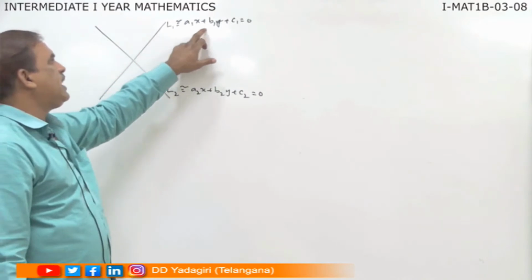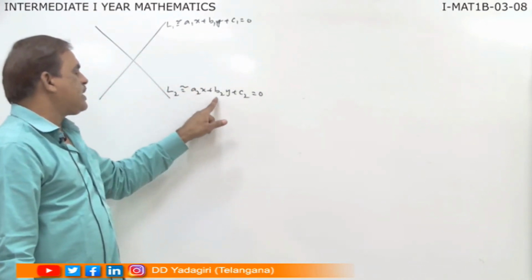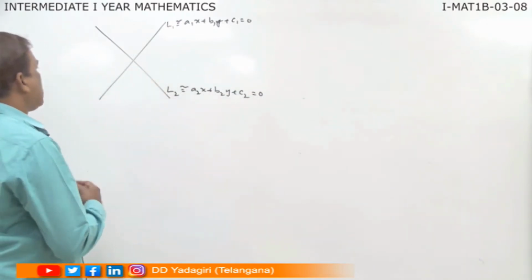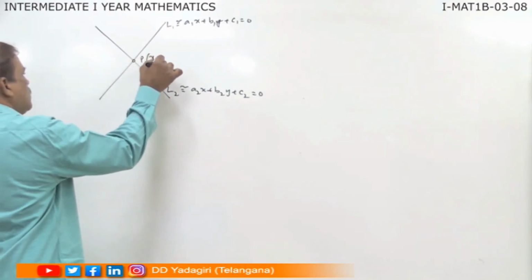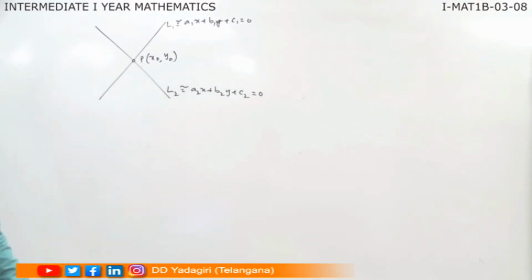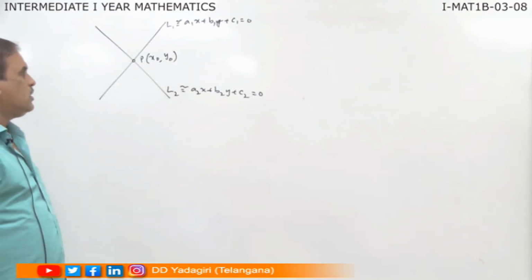L1 is a1x plus b1y plus c1 is equal to 0 అనే ఒక రేఖ, L2 is a2x plus b2y plus c2 is equal to 0 అనేది మరి ఒక సరళ రేఖ. ఈ రెండింటి ఖండన బిందువును కనుక్కుంటున్నాం మనం. Let's say P(x0, y0) is the point of intersection of these two lines.